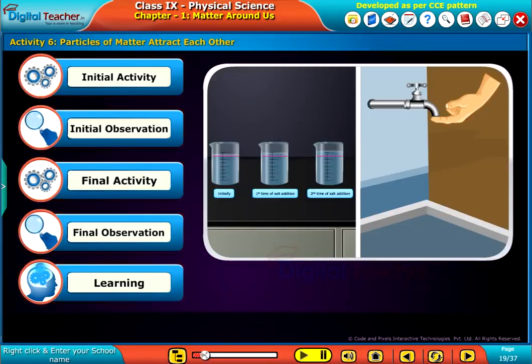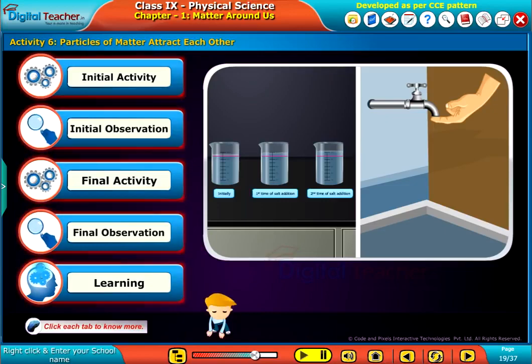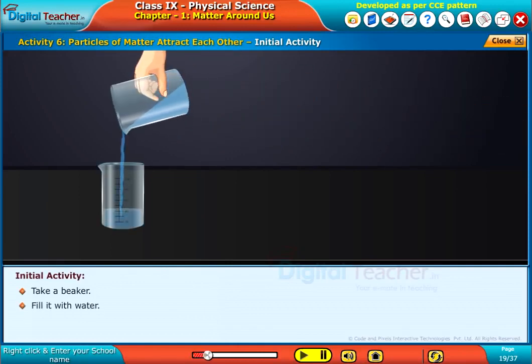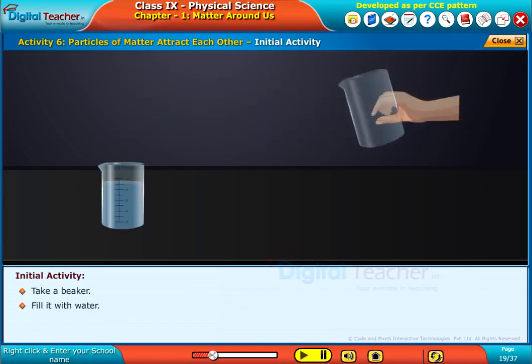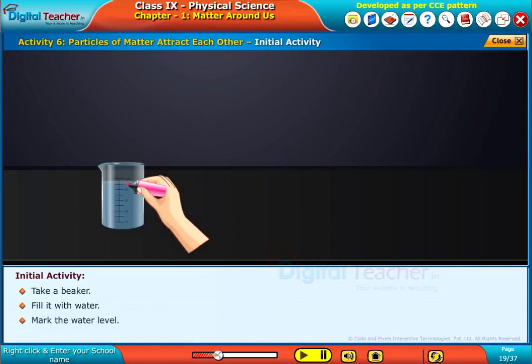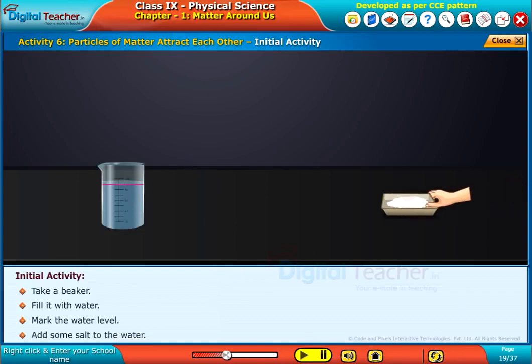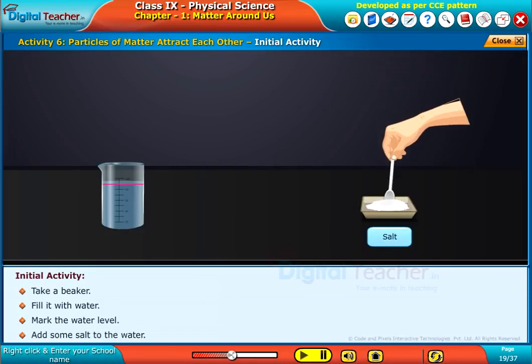Now, let us perform an activity to understand the force of attraction between the particles of the matter. Click each tab to know more. Take a beaker. Fill it with water. Mark the water level. Add some salt to the water.